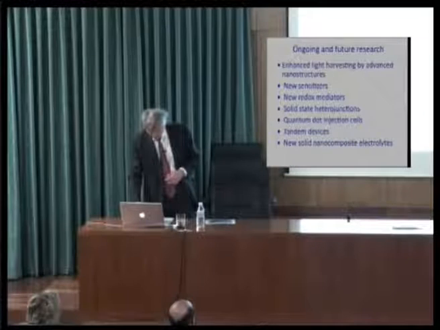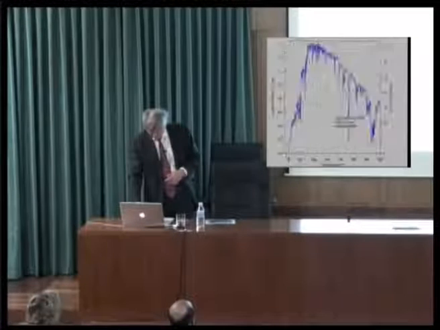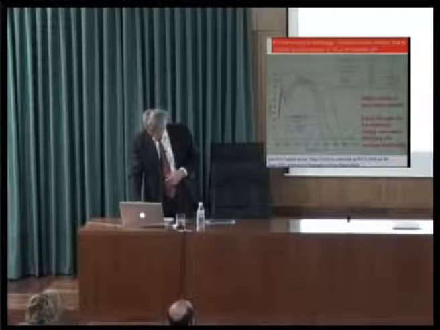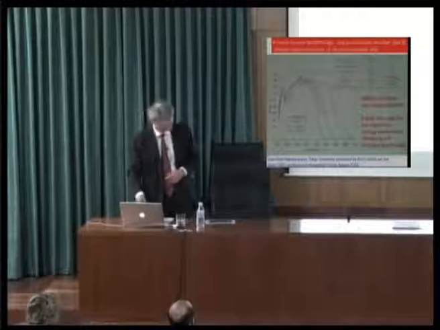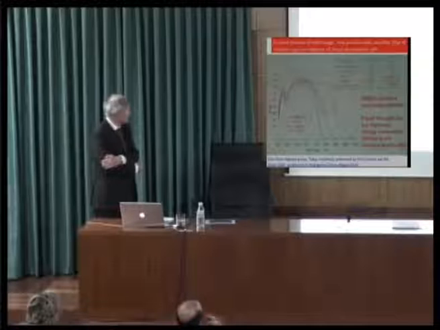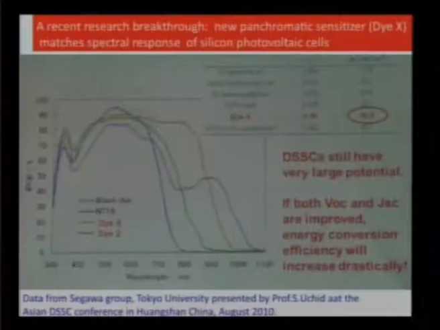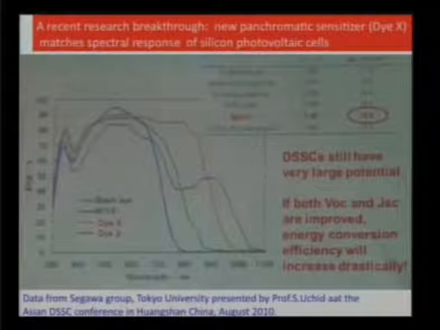So let me draw this lecture to an end. I have too much. Let me show you one more slide with the sensitizer. Recently, there has been a new development in Japan, and a ruthenium dye was developed.